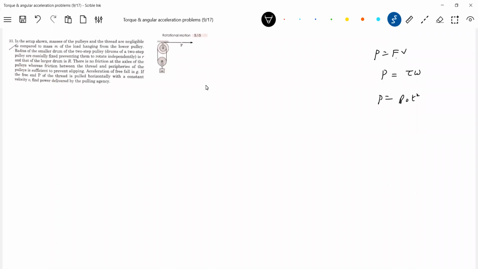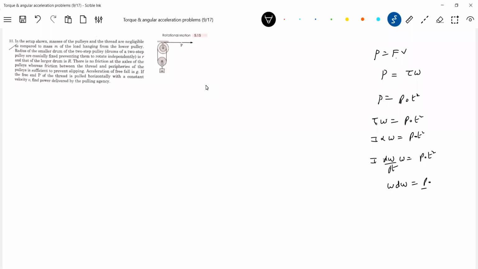So what are you going to do in these problems? What is the power? Power is torque into omega. Then what is the torque? Torque should be equal to I alpha. There it was ma, now I alpha. Then alpha, you can write as d omega by dt.